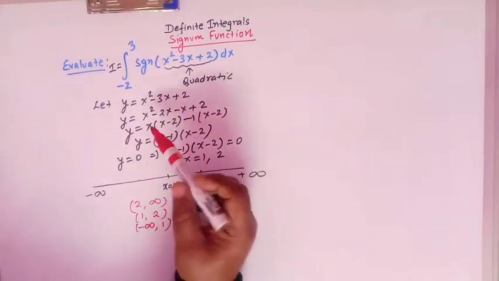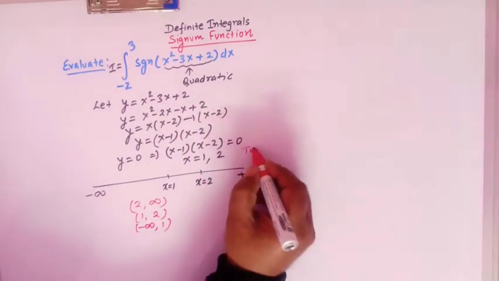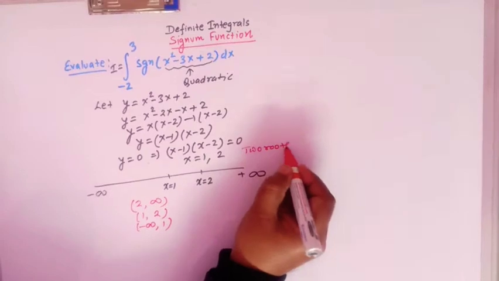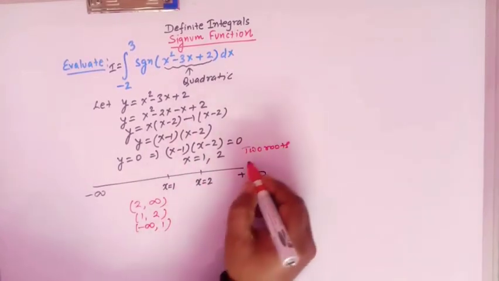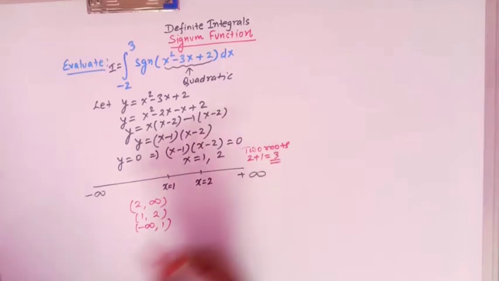So here this quadratic polynomial has 2 roots, so this real number line is divided into 2 plus 1, that is 3 intervals.